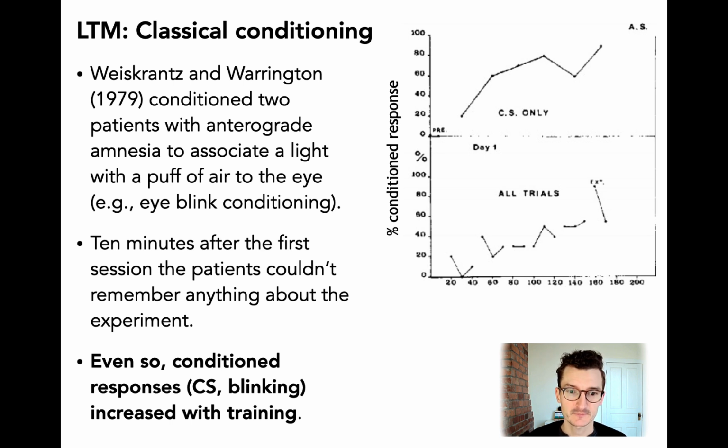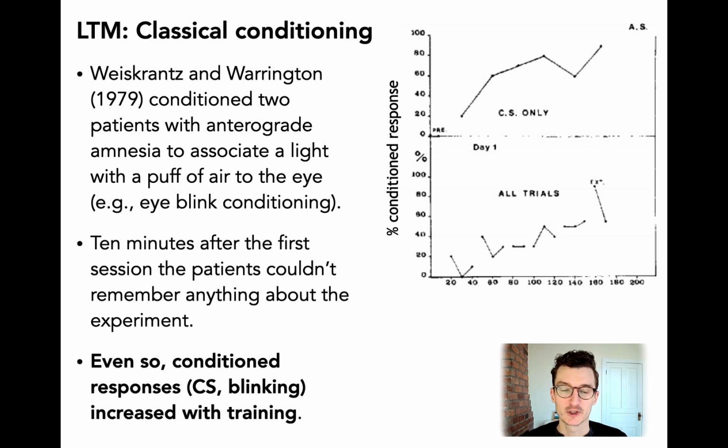And using a conditioning task like this, patients with anterograde amnesia have been tested to see if they can still learn to associate neutral stimuli in their world with unconditioned stimuli they already know how to respond to.